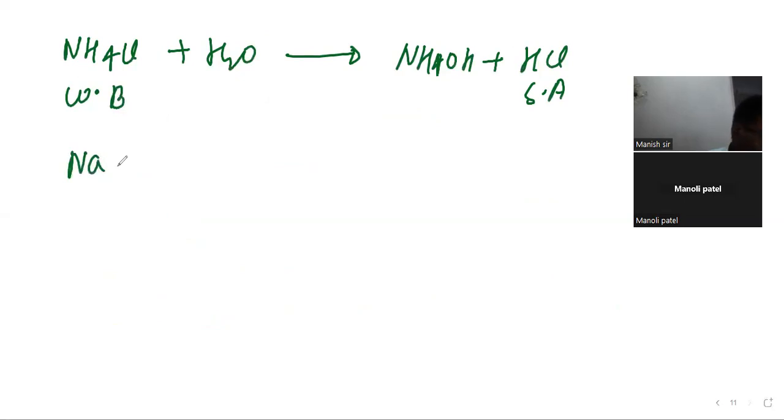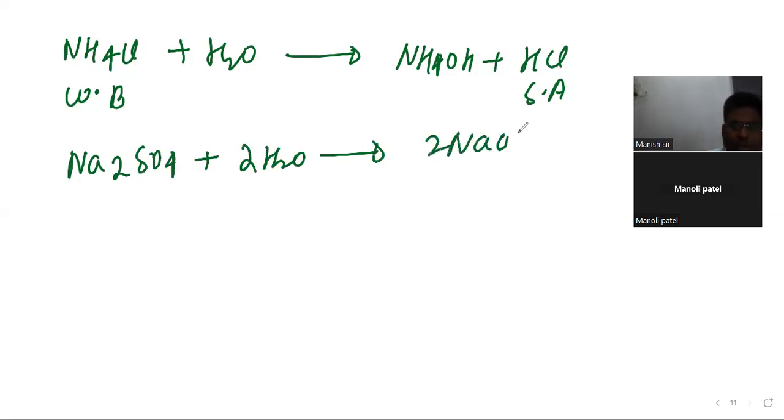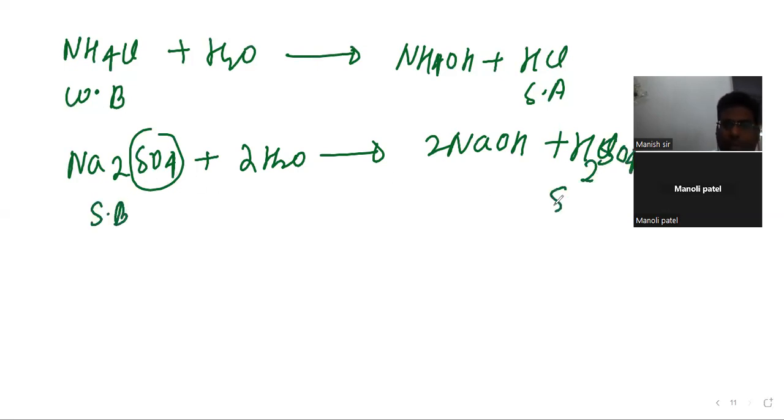Again, Na2SO4 is there. When it dissolves in water, it forms NaOH plus H2SO4, because the sulfate ion is there. So this is a strong base and a strong acid.